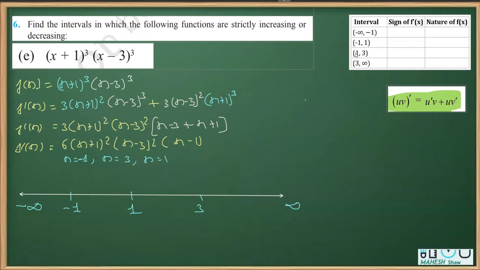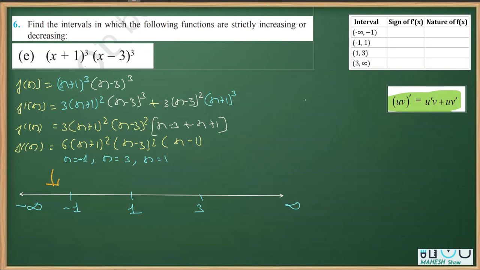Now we are going to check the sign of f dash x. So let's say the first interval is minus infinity to minus 1. If I place any value between these two, say minus 2, and plug in x as minus 2 over here, we are going to get a negative sign, right?